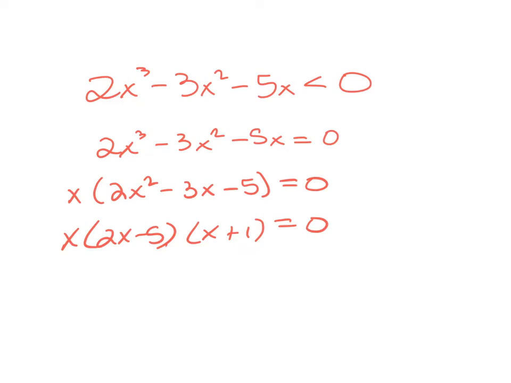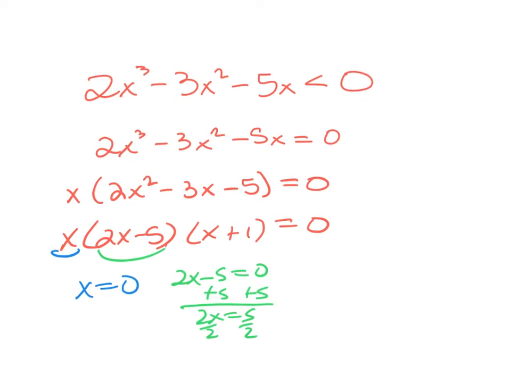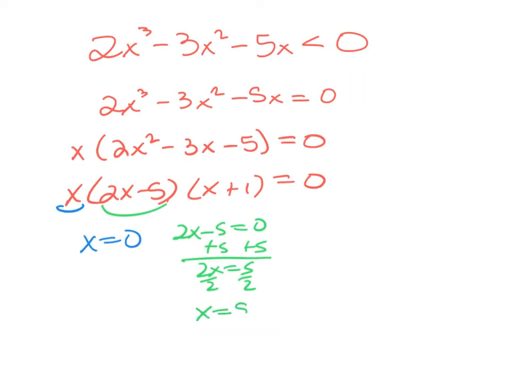So now I set each one of these factors equal to 0. So x equals 0. Then I'm going to do 2x minus 5 equals 0. 2x equals 5, divide by 2. X equals 5/2. And then over here, last one, do it in red, this guy, x plus 1 equals 0. Subtract, x equals -1.